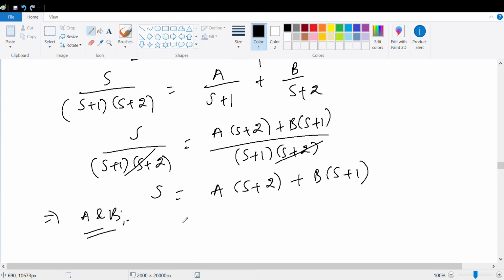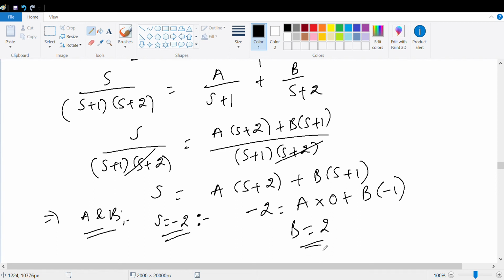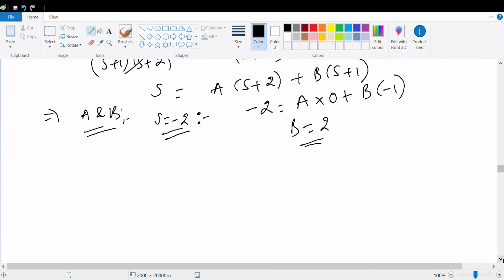So how do we get them? If I put s equal to minus 2 in the above equation, what does it give? s equal to minus 2, A into 0, and B into minus 1. So B is minus 2. In the same way, if we put s equal to minus 1, now it becomes A into minus 1 plus 2, which is 1, and B into 0.